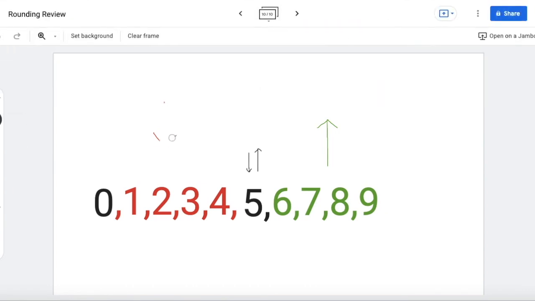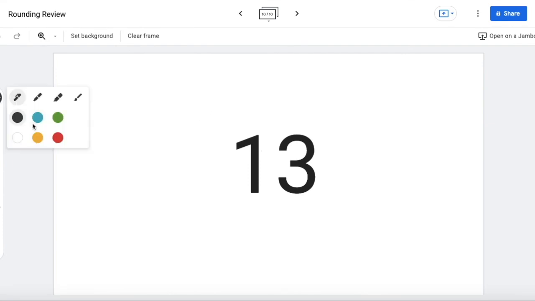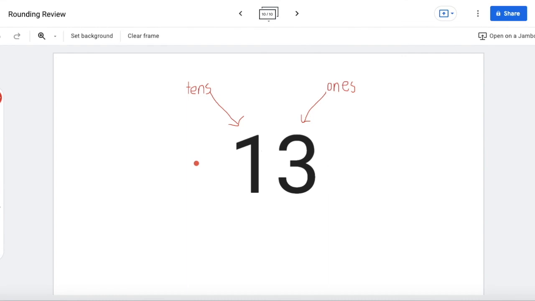Let's try a couple of examples where we have numbers greater than 10, numbers with more than one place value. So here we have the number 13, and 13 has two place values. It has the tens on the left-hand side and the ones on the right-hand side. And in this question, let's say we've been asked to round this number to the next appropriate place value.